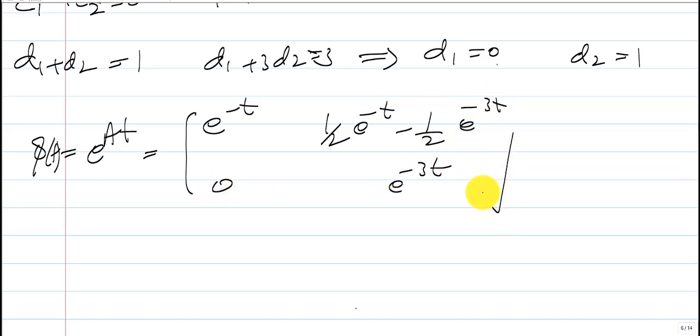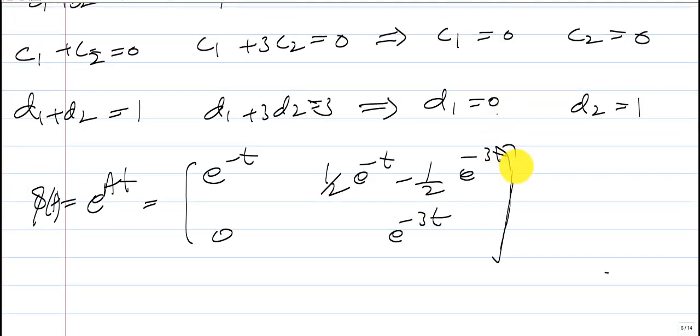So here we have seen that sometimes by using these properties, it is quite easy to find the state transition matrix instead of finding all the inverses and everything. So this is another way to find the state transition matrix.